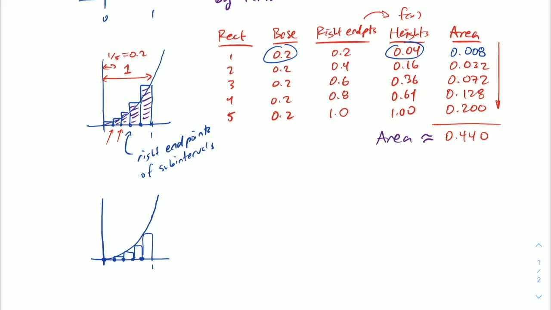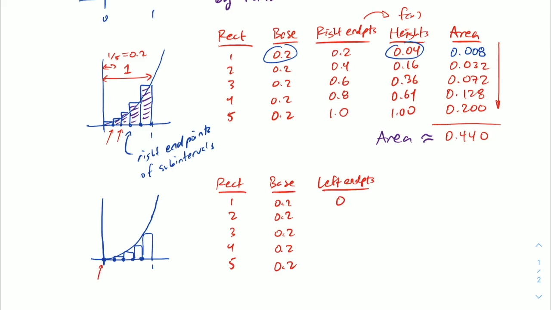Repeating this table, we'll have 5 rectangles. Their base width will still be 0.2, but now we're going to use left endpoints. The first endpoint is going to be at 0, and then 0.2, 0.4, 0.6, and 0.8.